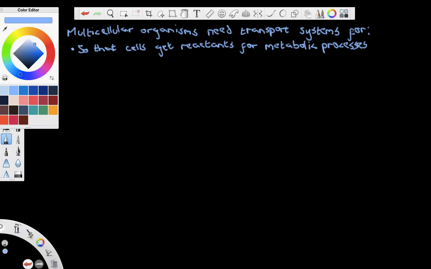Essentially, because multicellular organisms have a small surface area to volume ratio, they can't just absorb it from their environment, okay? If you are unicellular, you can just absorb the substances you need from your environment, but because multicellular organisms are multicellular, they can't do that.